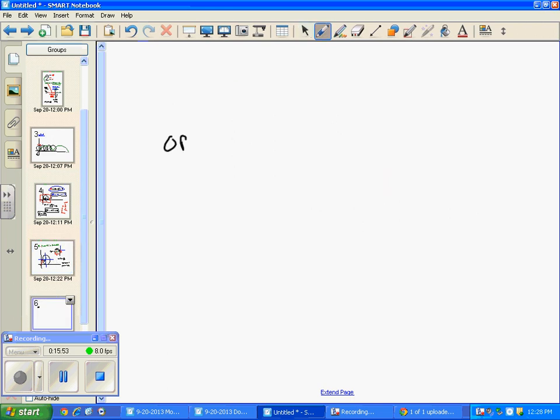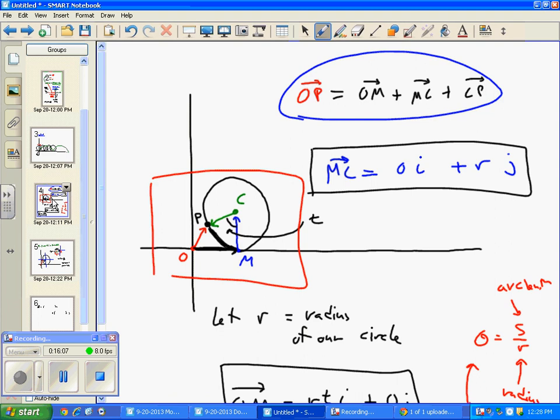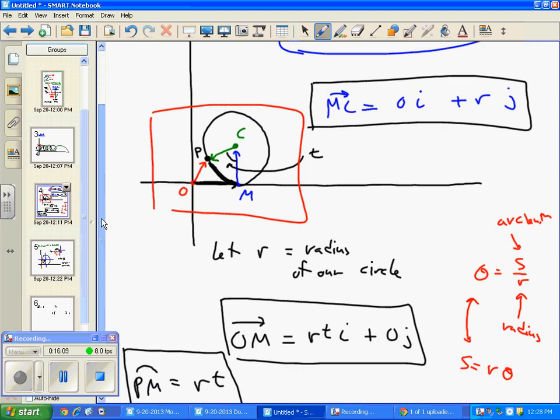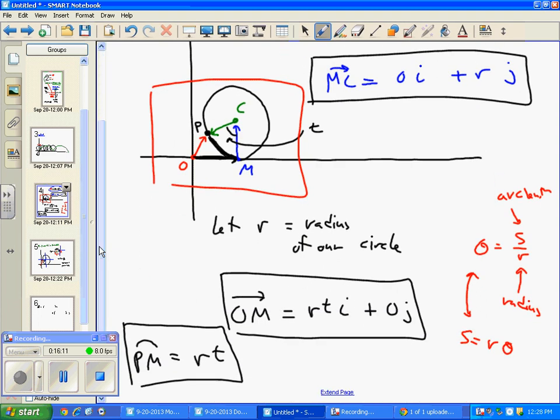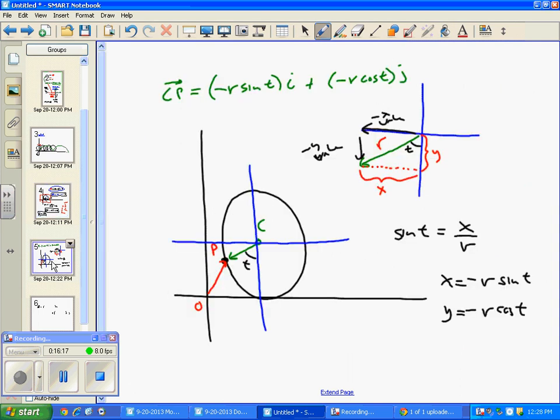OP equals something times i plus something else times j. So if we add all three components, MC has 0i, so it adds nothing to the x component. Then we have an rt i to add, and then, because of this other problem, we have a negative r sine t.